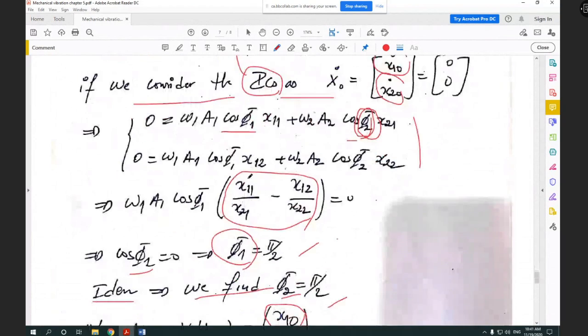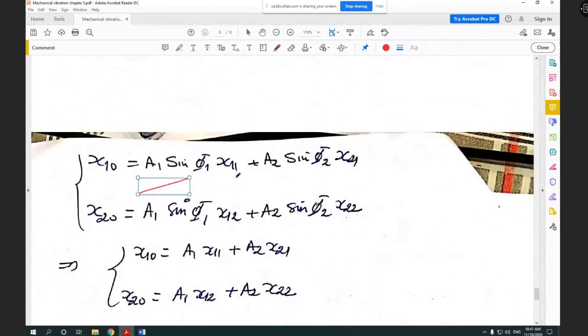We obtain a system. What do we find in this system? It contains the constants A1 and A2, phi 1 and phi 2 which are already obtained, and x1 0 and x2 0, which are supposed to be the initial positions of our masses. Okay?